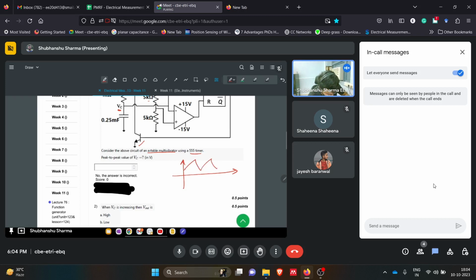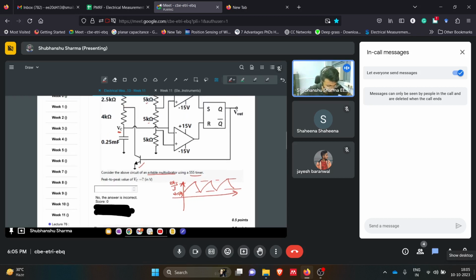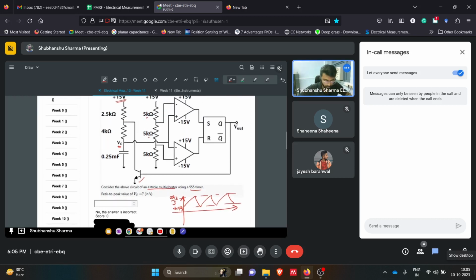The timer will oscillate like this, and the upper limit and the lower limit are given by 2 VCC by 3 and VCC by 3, if I am not wrong. Let me check first. Yeah, so this is the typical waveform of a 555 timer, subject to the values of resistances which we have here.